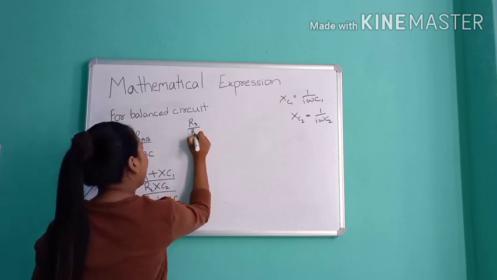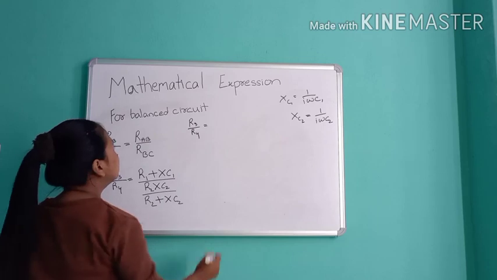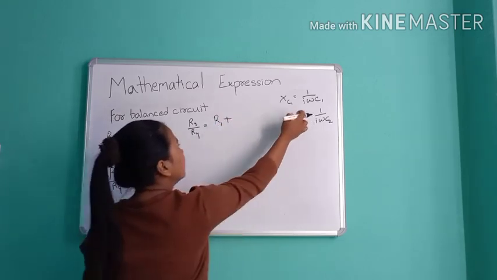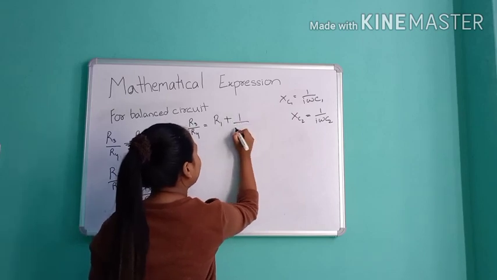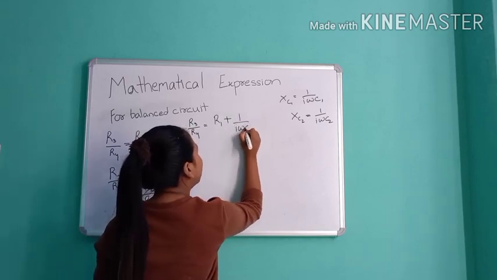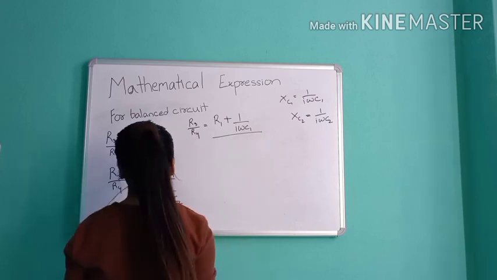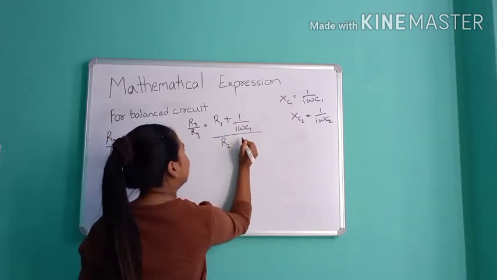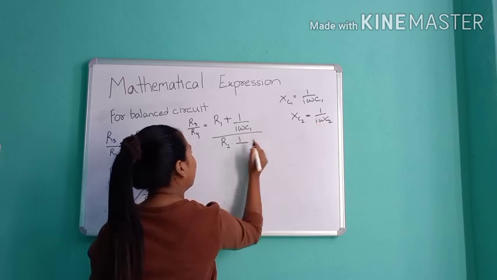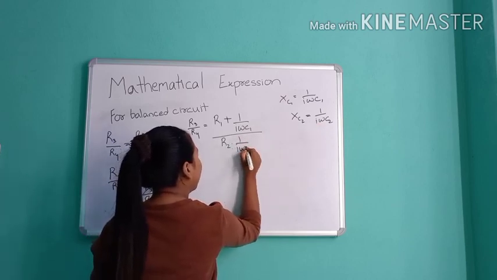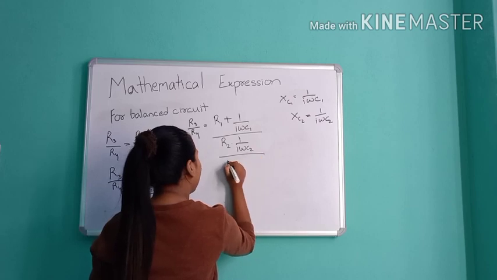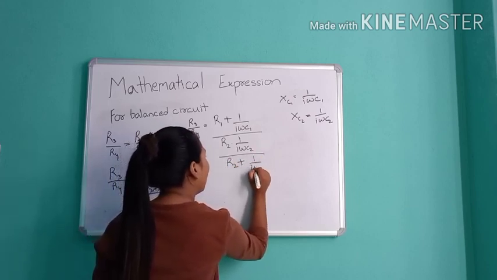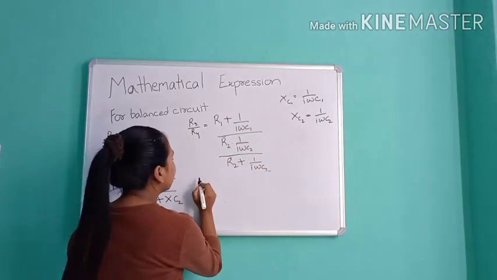R3 by R4 equals R1 plus 1 by iota omega C1, by R2 into 1 by iota omega C2, by R2 plus 1 by iota omega C2.